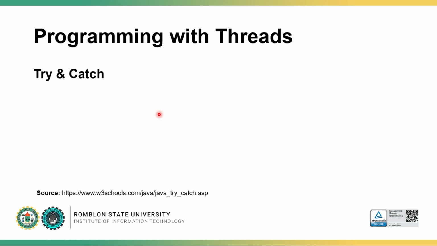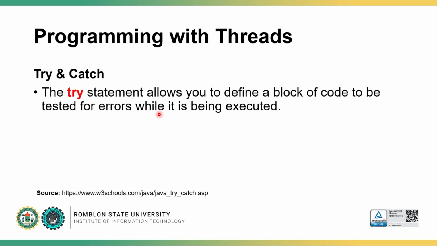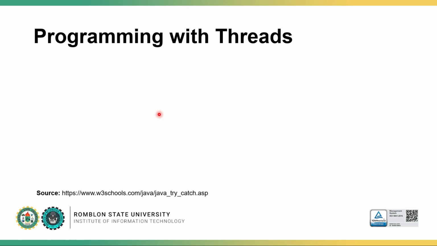So there's what we call try-catch. Try-catch is a block of code where you try something that might fail. It's a programming practice where you always expect that your code could run into errors, especially when working with a database.